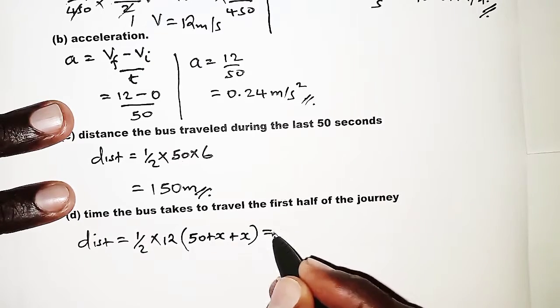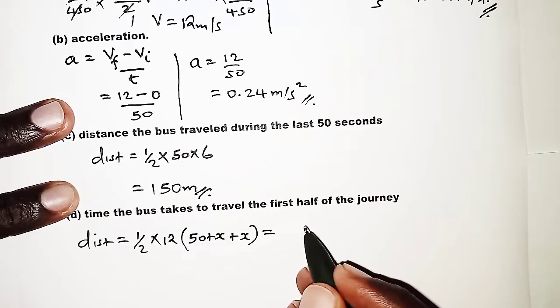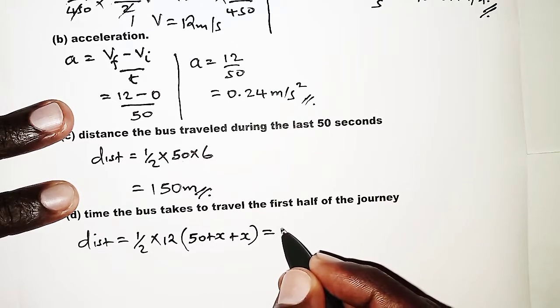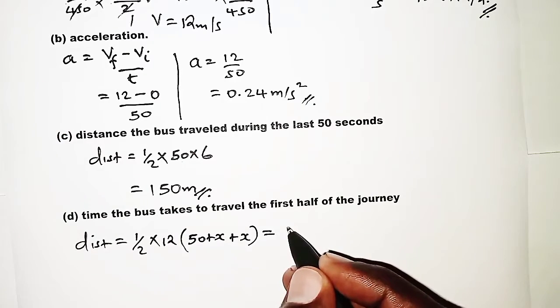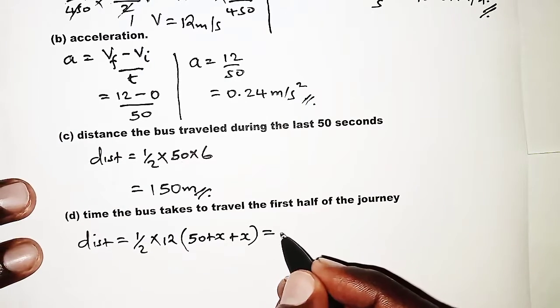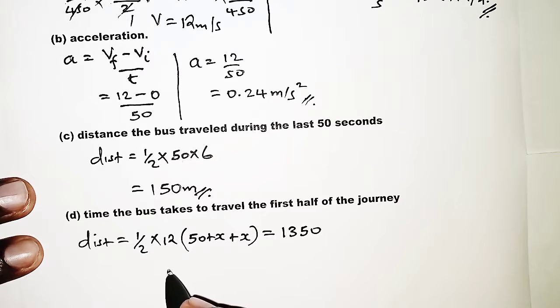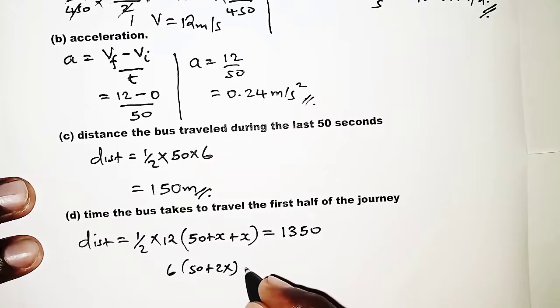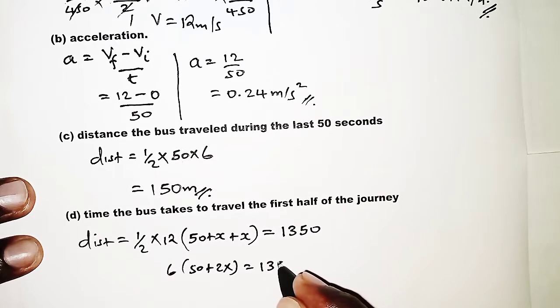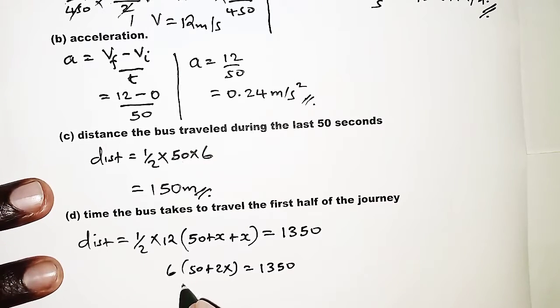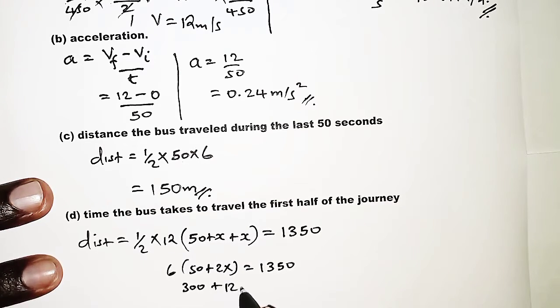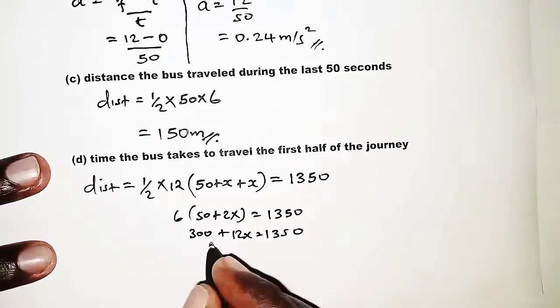And we are told that it is half the journey, so that is a half of 2,700. So the total distance was 2,700. So we are covering just half of the distance, and that should be 1,350. So this should give us 6 times (50 plus 2x), which is 1,350. So we have 300 plus 12x is equal to 1,350.